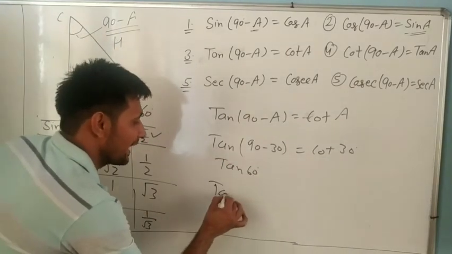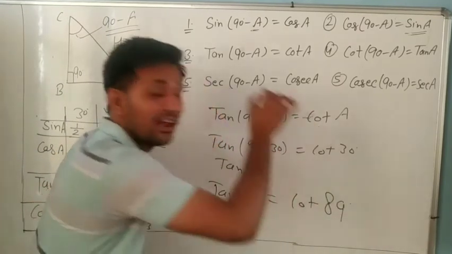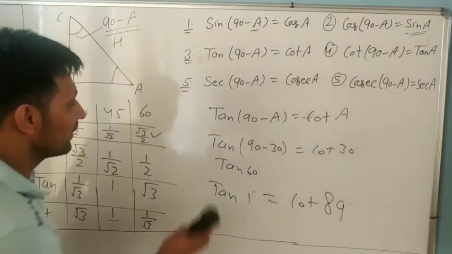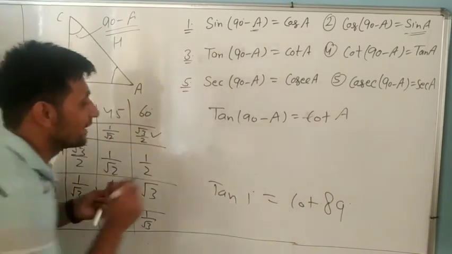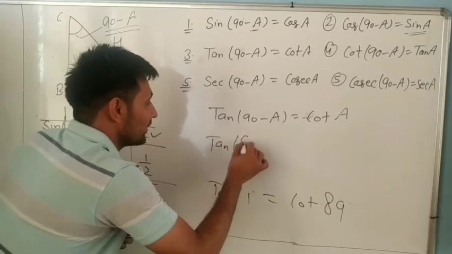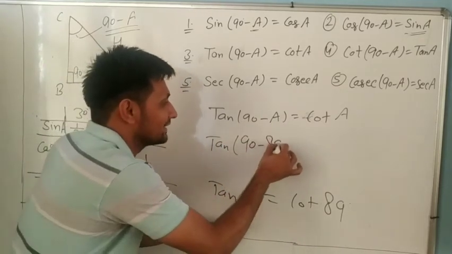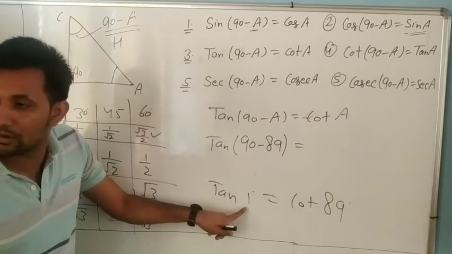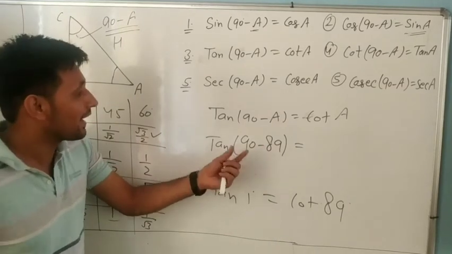It means tan 1 degree is equal to cot 89 degree. Understand? No? Why are they equal? Yes. Tan 1 degree, how can you find it? 90 minus 89 is 1 degree.